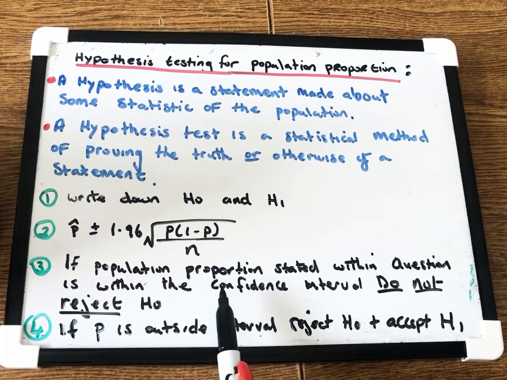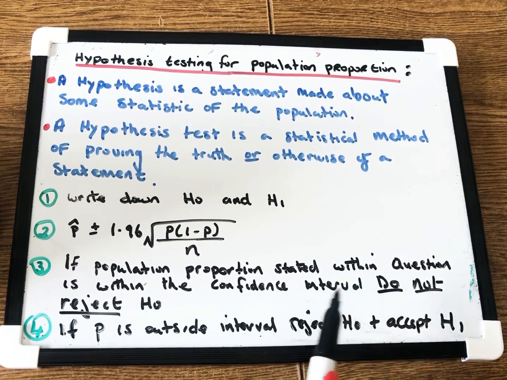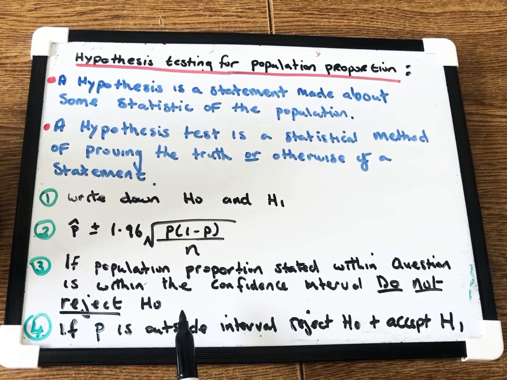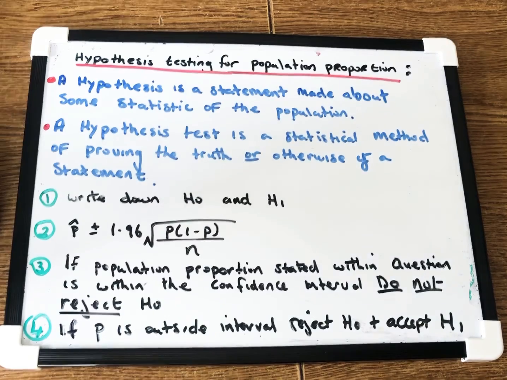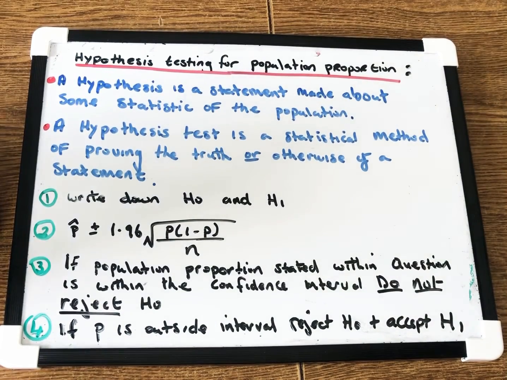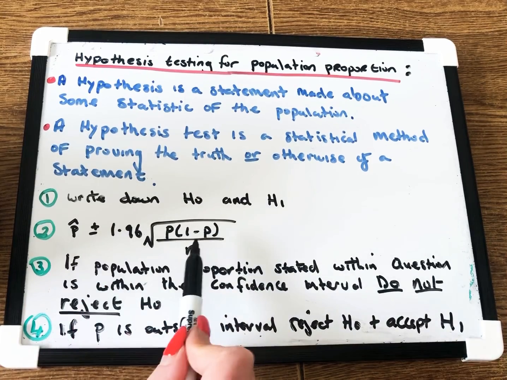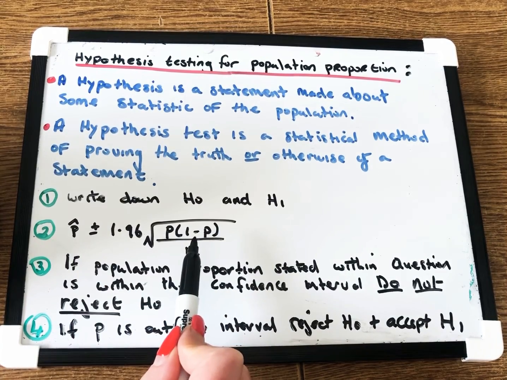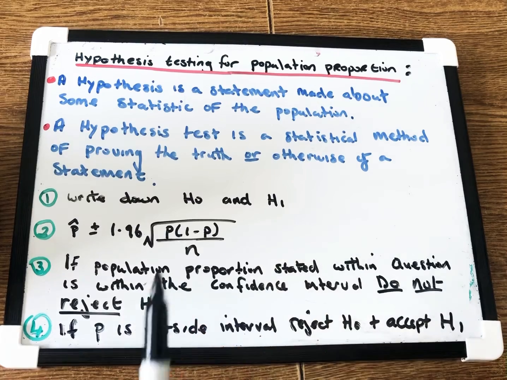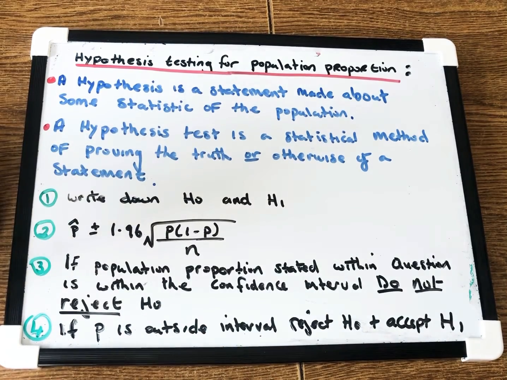If the population proportion stated within the question is within the confidence interval, you do not reject the H0. If p is outside the interval, reject H0 and accept H1. The most important aspect of hypothesis testing is identifying the correct formula, writing it down, substituting in the values and forming your interval, and then saying whether you're going to accept or reject your H0.